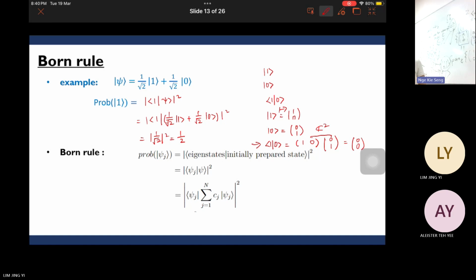Then you take the absolute square, and you find that the absolute square of the coefficient turns out to be the probability. So you don't have to go through every step, you can just take the absolute square of the coefficient and immediately obtain the probability.